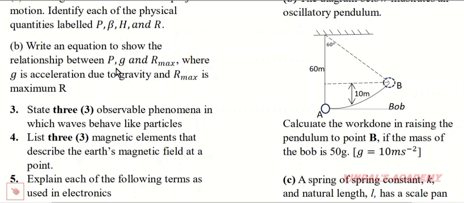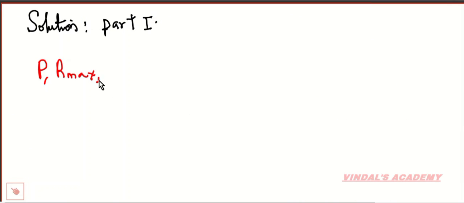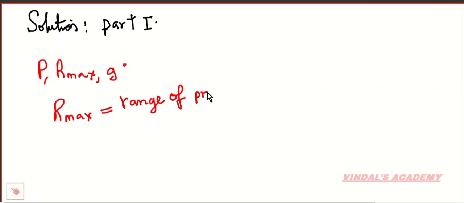P, R max, and G. All right, whenever we talk about R max, we're talking about the range of projectile at theta equal to 45 degrees. That is what R max is.